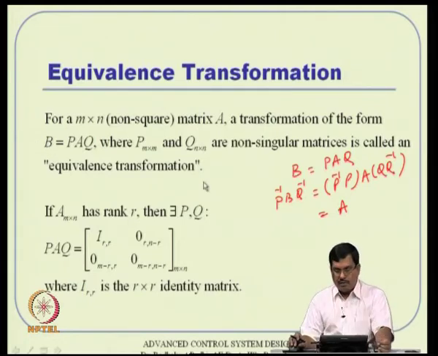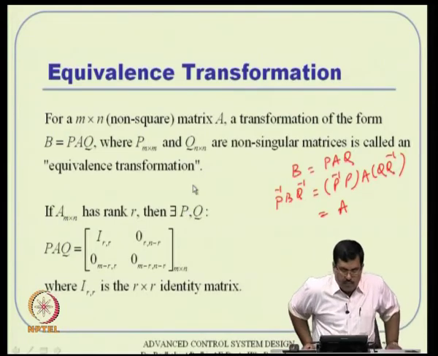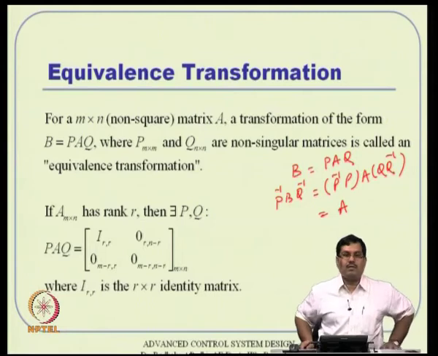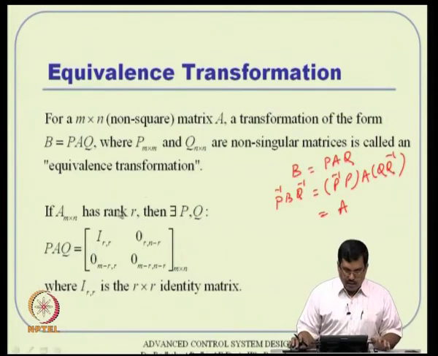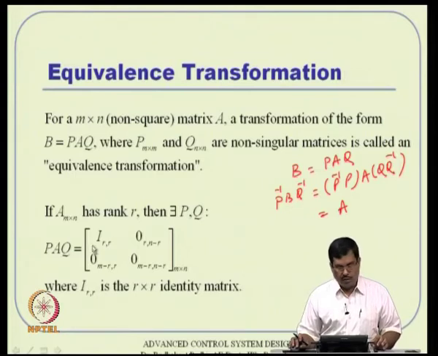Now, it so happens that if you do this and leave P and Q as just non-singular, nothing else, then you reduce it too much. The reduced form can always take you to a form where, if the matrix has rank r, you are left with an r by r identity matrix, and all other elements of that matrix B are 0.